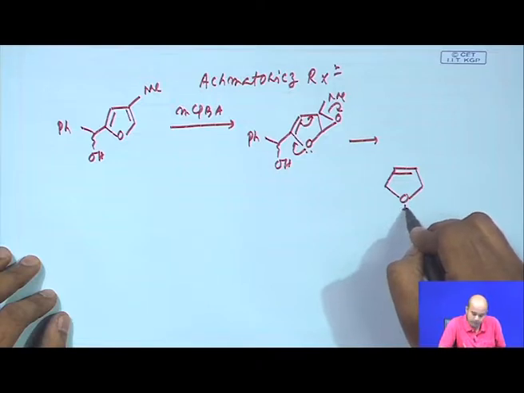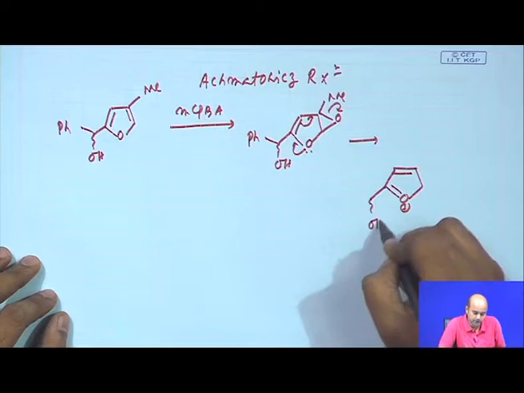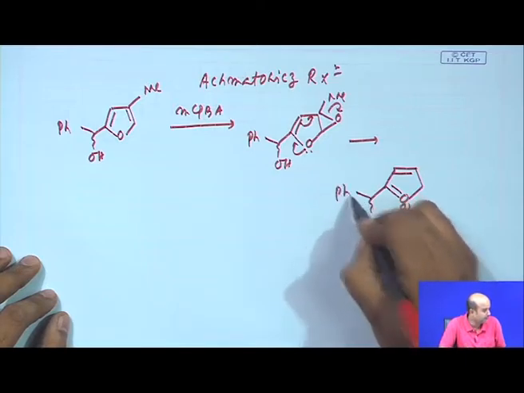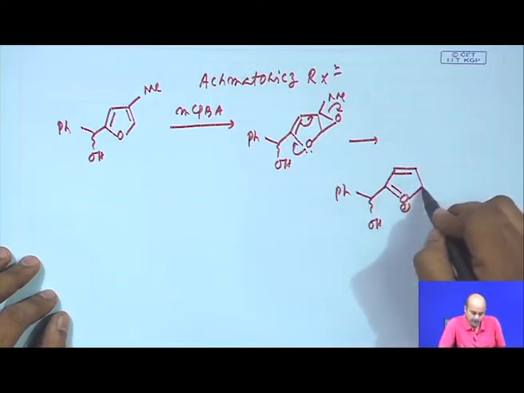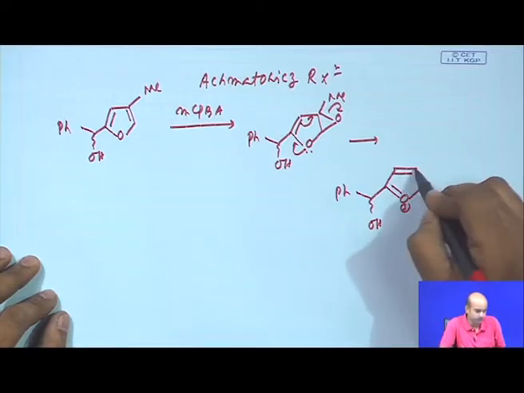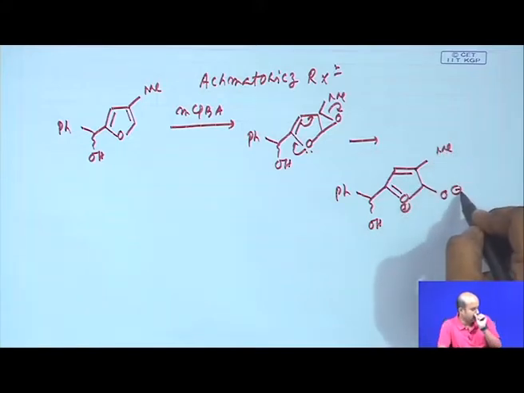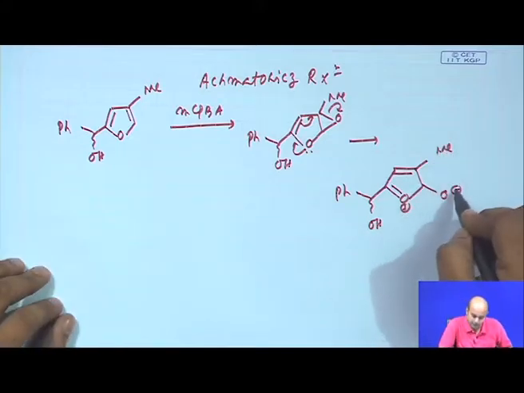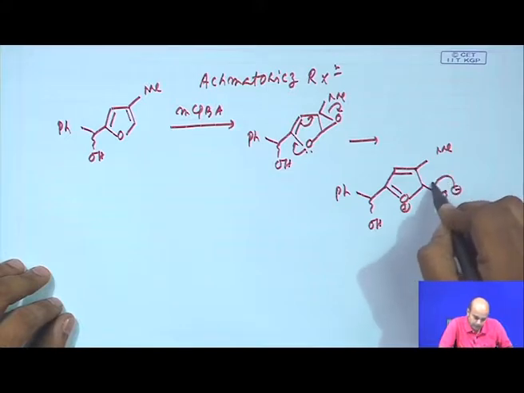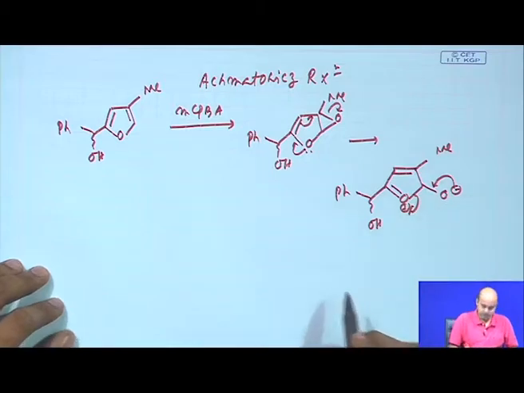This oxygen now becomes an oxonium species, and you have this OH and phenyl here, and this epoxide basically opens up to give you this alkoxide, a simple epoxide opening. Now, this epoxide can open up in this way to open up the furan ring.